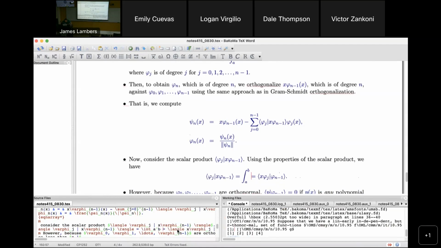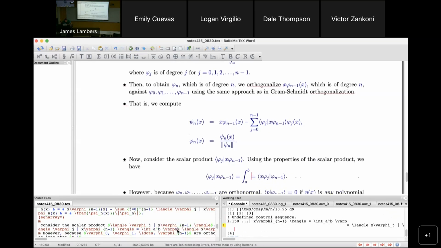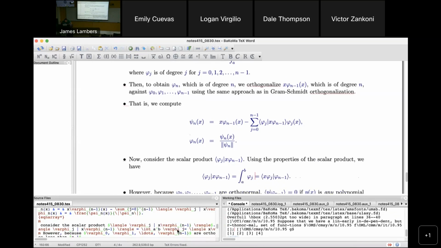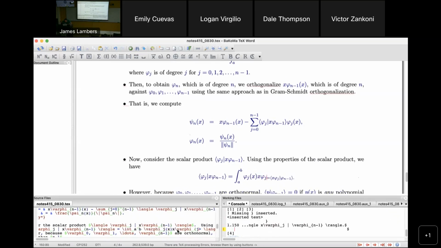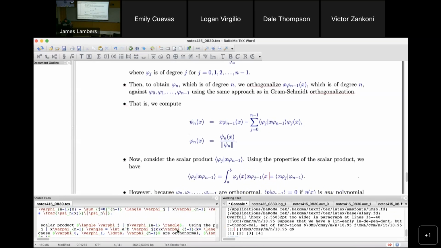Since everything here is real, I'm not going to conjugate anything. So phi j of x, and then phi n minus 1 of x, times x dx.